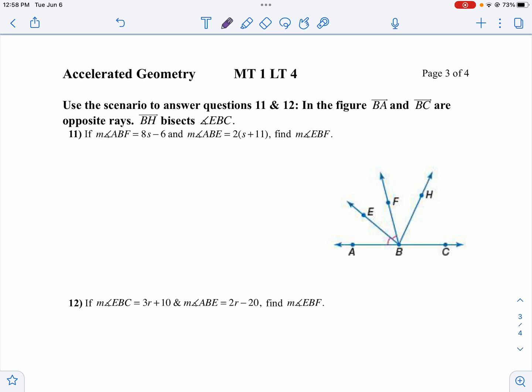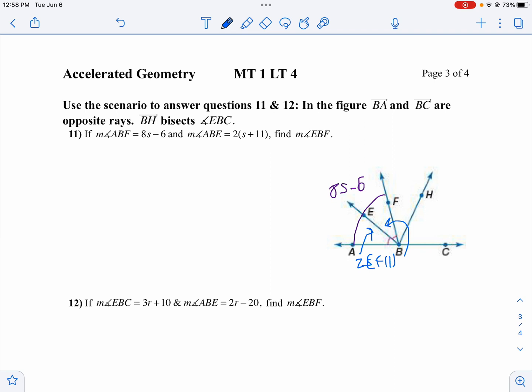So we're told angle ABF, this whole angle, is 8s minus 6. We're also told angle ABE is 2 times s plus 11. And since they're congruent, there's our equation.